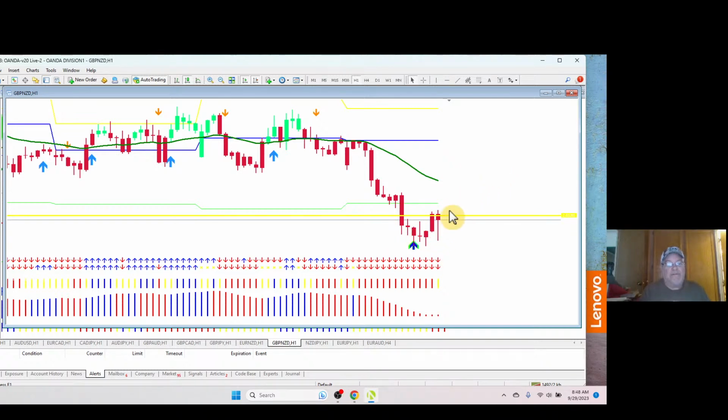These are the ones I look for. See, it takes the pressure off when you take off, whether half, a third, a fourth, an eighth, whatever you feel comfortable with. It's now you've banked money. On the pound New Zealand, it would be 60 pips, which you usually got, because that low was 71.